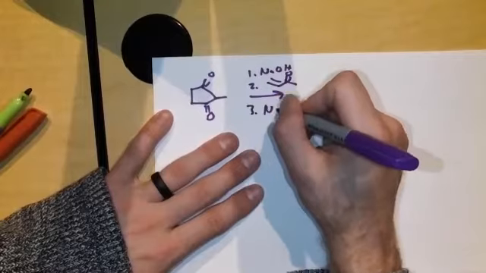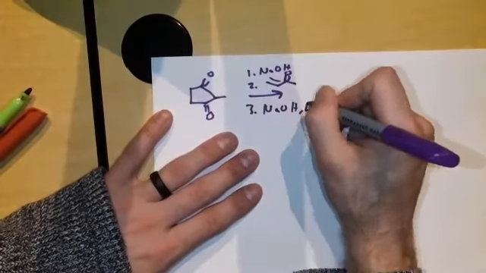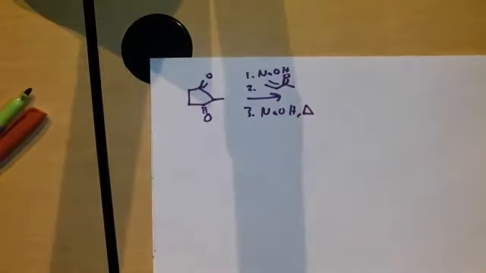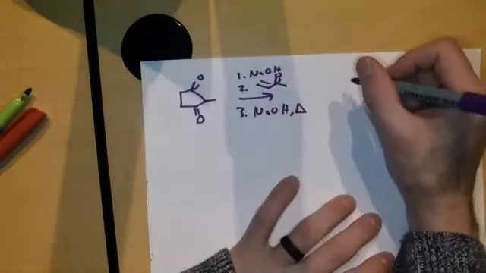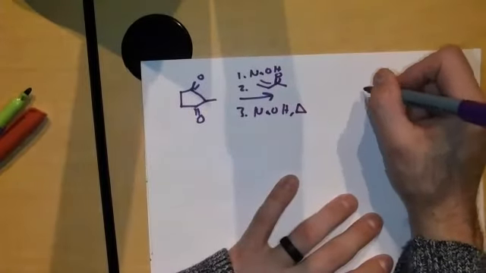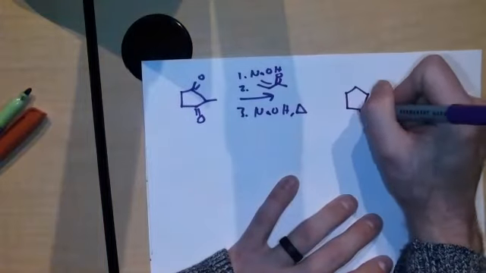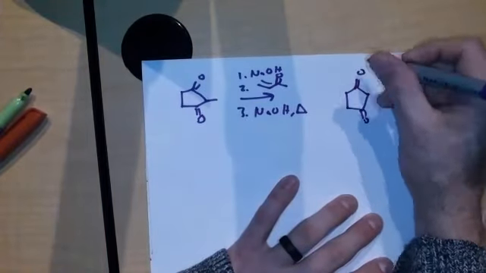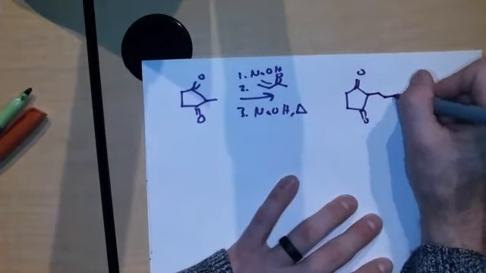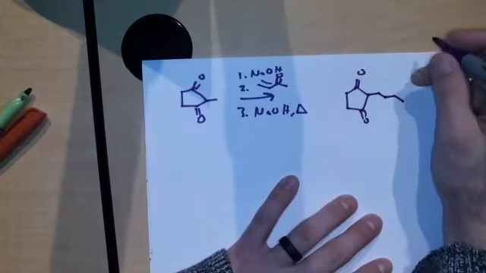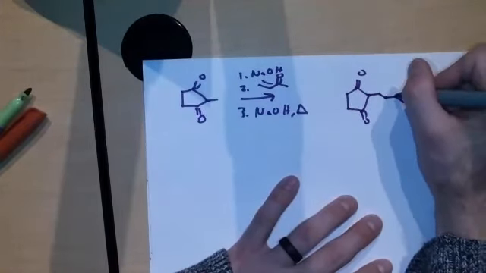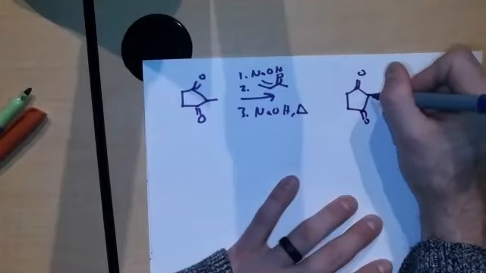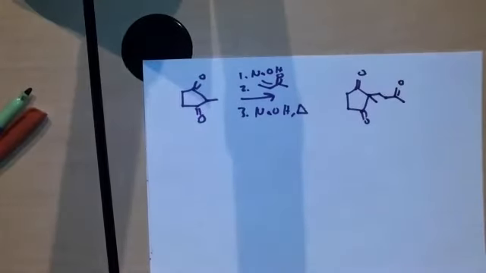The difference is that we're at NaOH and heat at the end. So our first step should give us the same thing. We just did it. It'll be this product here. So that's our Michael addition product.